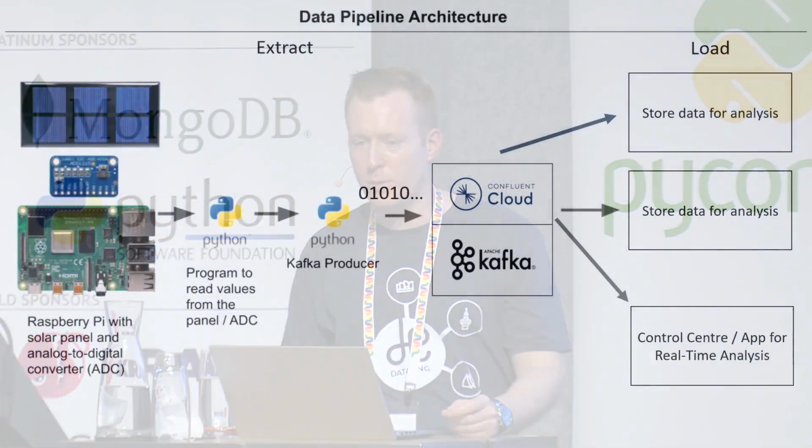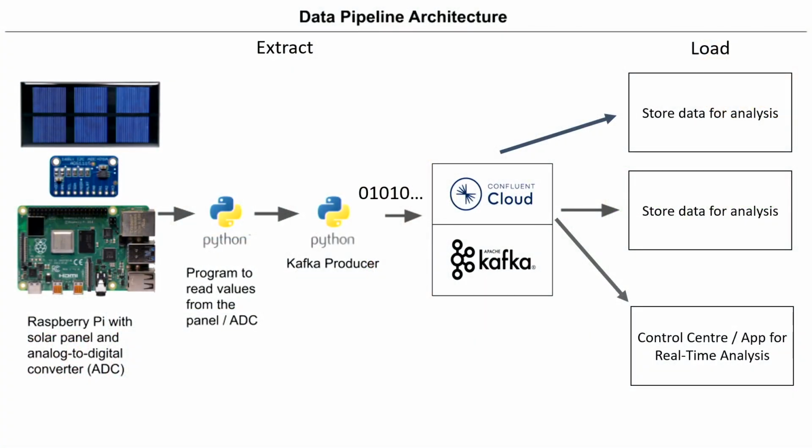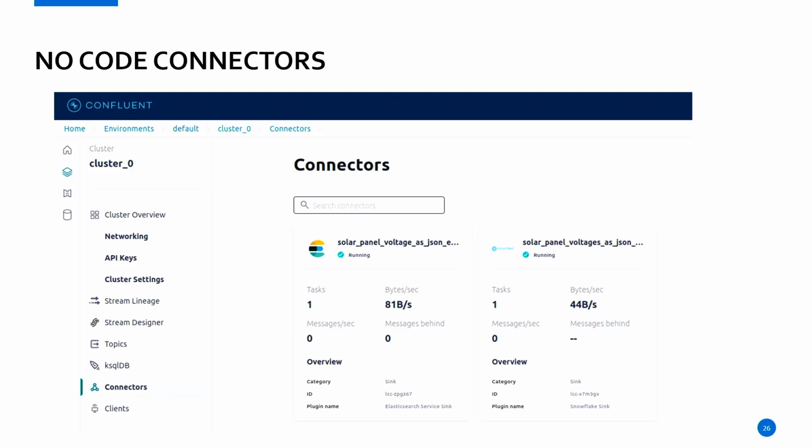Awesome. So once we have that data in our Kafka data system, we can now interact with that data in 2 ways. We can interact with that data in real time, or we can save that data for longer-term analysis. So say, for example, we can come back in a week, and we can analyze that whole week worth of data. So just wanted to mention another nice feature of using this Confluent Cloud, which is they have no-code connectors through Kafka Connect.